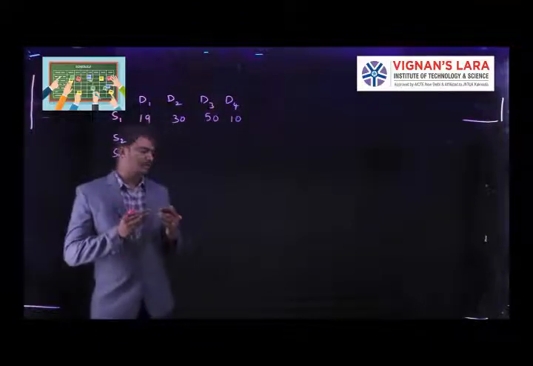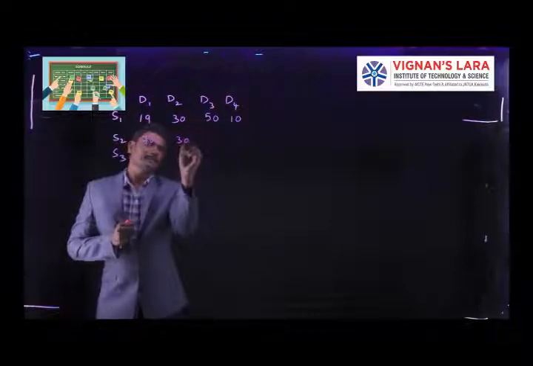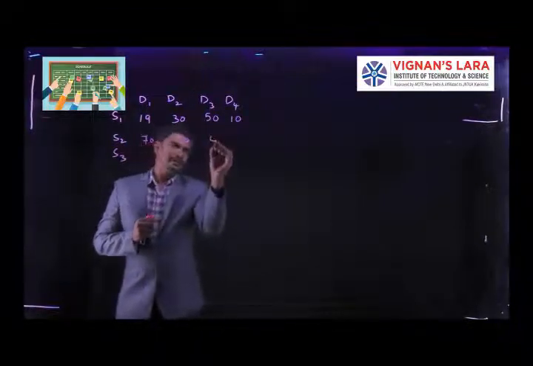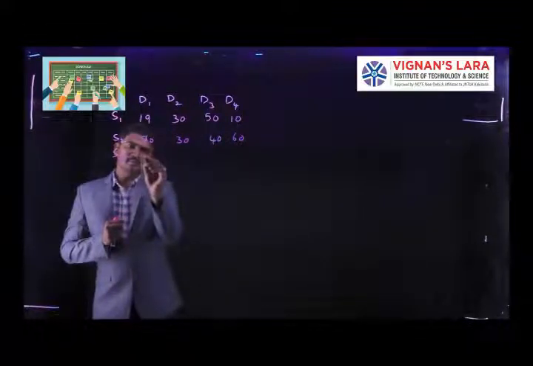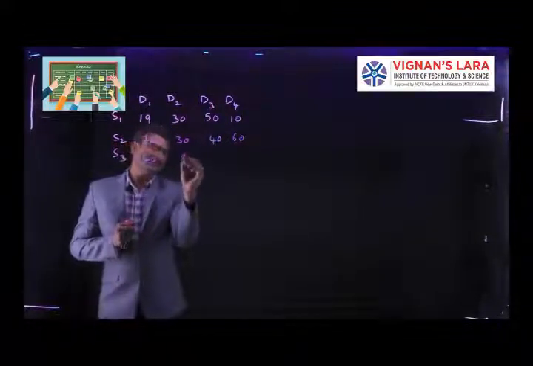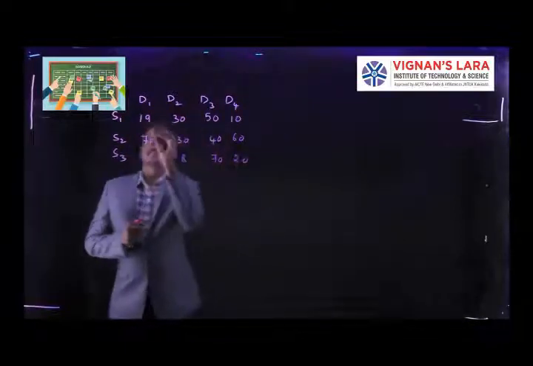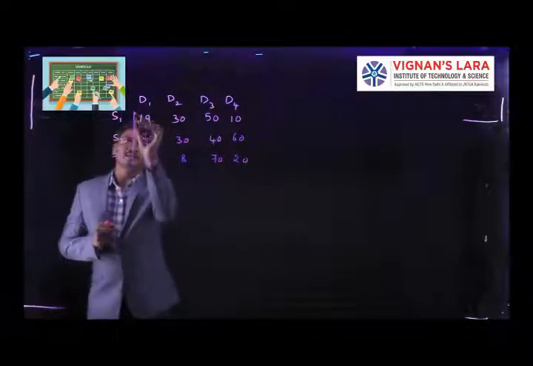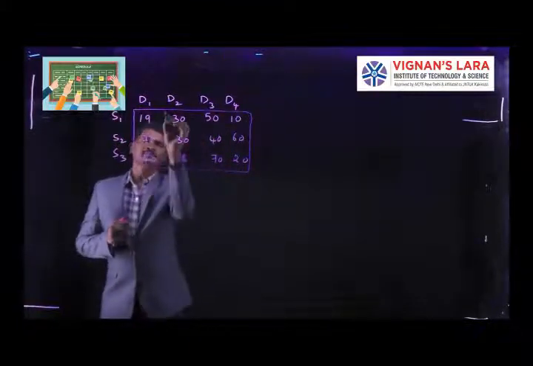Coming to the second row they are given 70, 30, 40, 60. Next, the third row is 40, 8, 70, 20. These are the unit costs of supply.